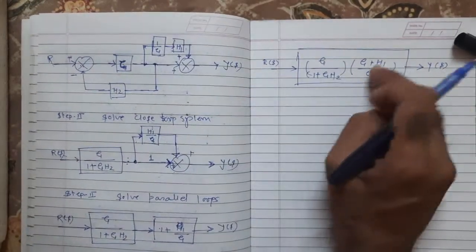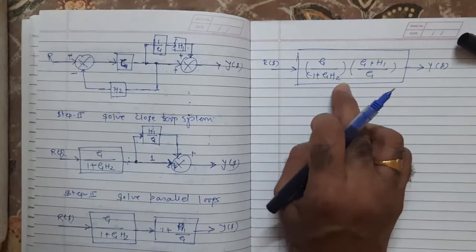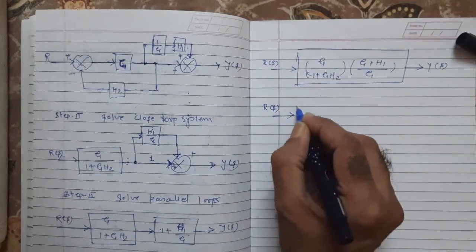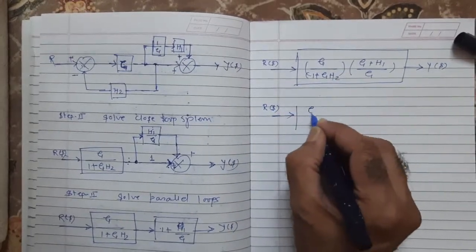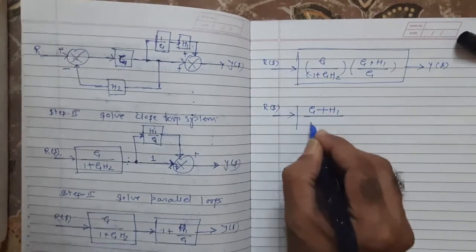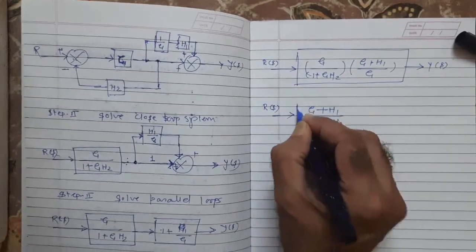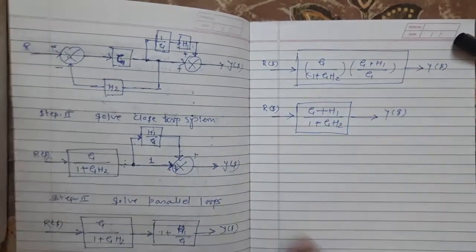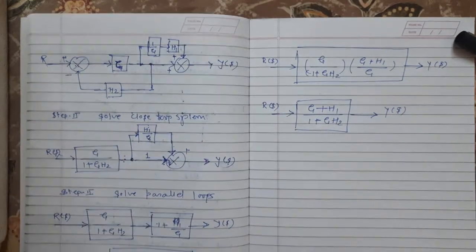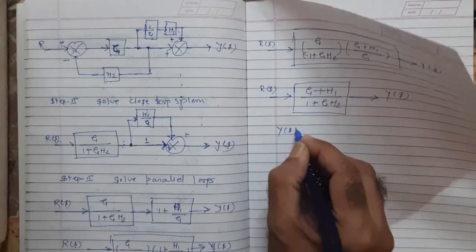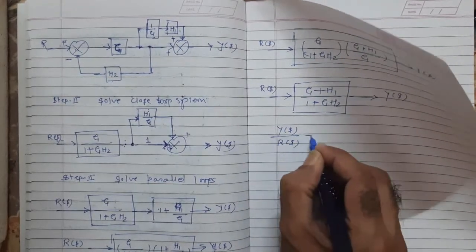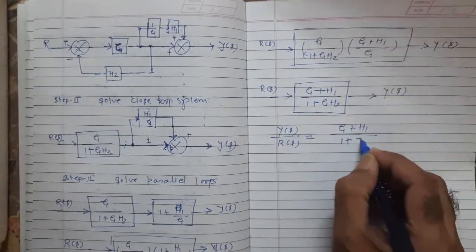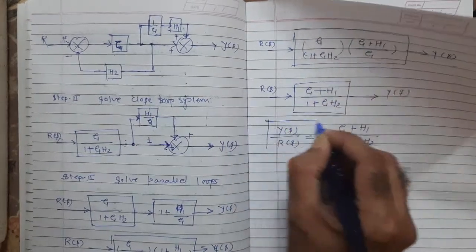This G gets cancelled, so what is here, G plus H1 divided by 1 plus G into H2. So this becomes R of s, G gets cancelled, so that means this is G plus H1 divided by 1 plus G into H2, and then we have here Y of s. So our Y of s divided by R of s is nothing but G plus H1 divided by 1 plus G into H2.